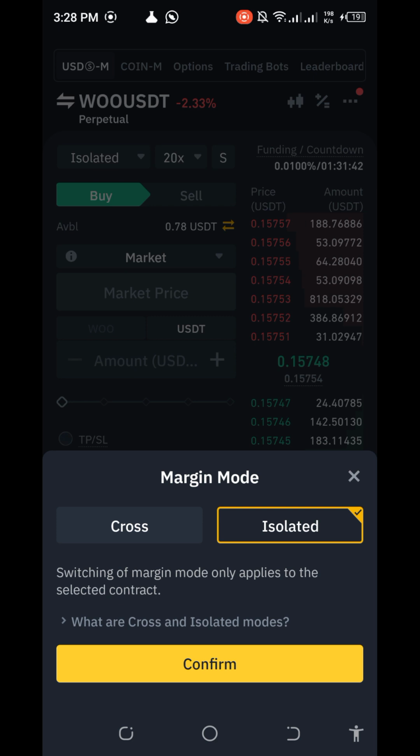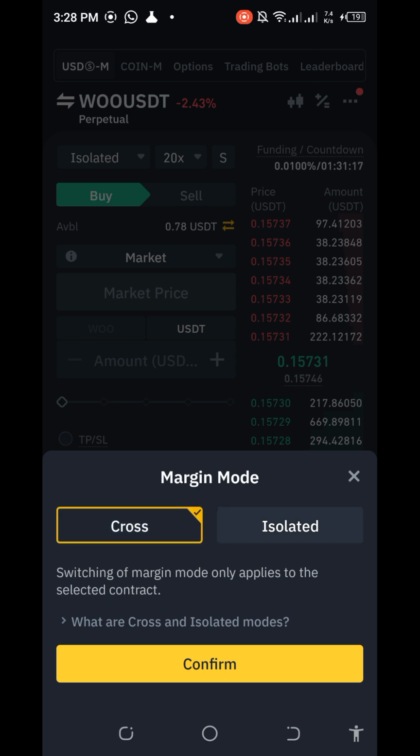Now, people are asking, if it is so, then why should we use cross to trade? That's where I'm going to explain it to you one after the other. The reason why we use cross is to increase our liquidation price. And what is this liquidation price? I'm coming there.